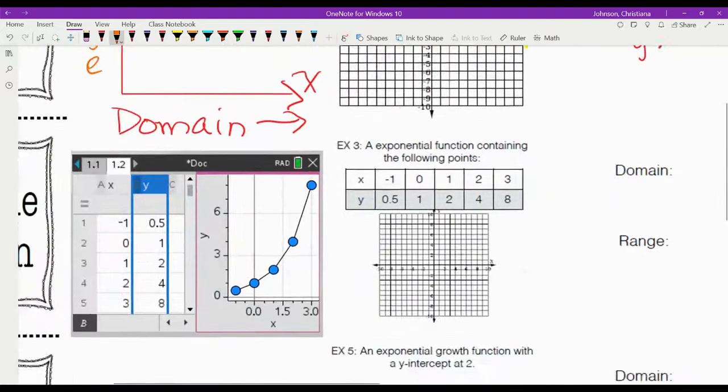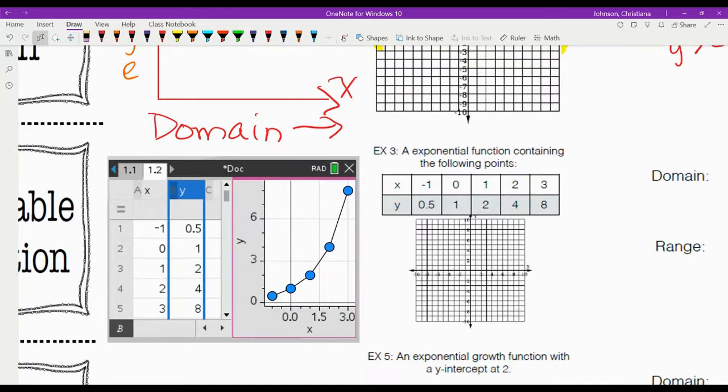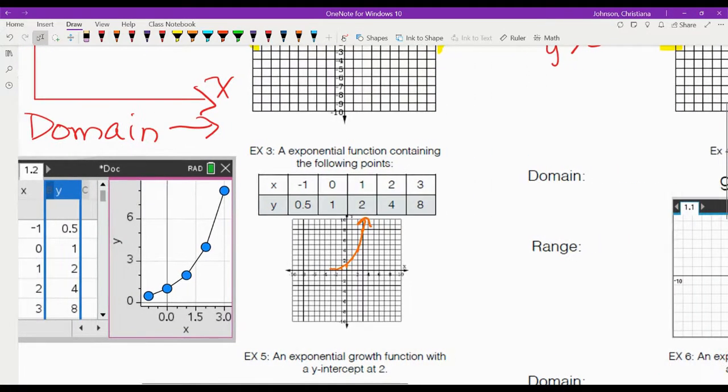Okay, next one, I used a calculator to draw it, but again, you could plot your dots on the graph. So at -1, we're at 1.5, at 0, we're at 1, at 1, we're at 2, at 2, we're at 4, and at 3, we're at 8. So it kind of does this curve, which you do see on my calculator graph, and I will show you how to do that.